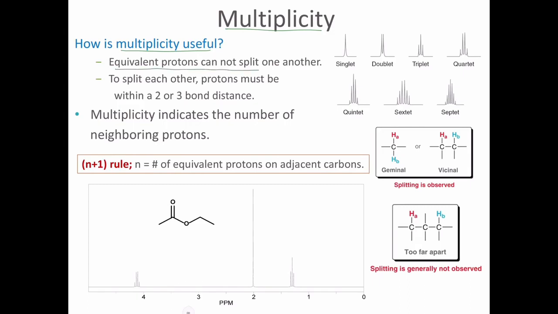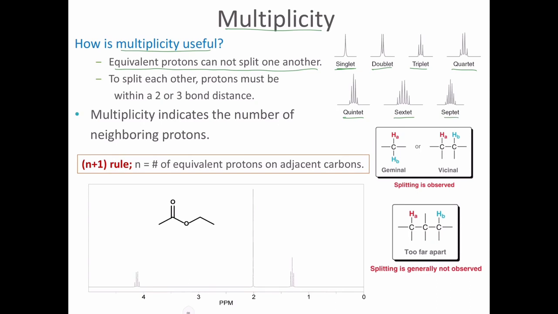Equivalent protons do not split each other. If they are in the same chemical environment, no splitting. So we can have a singlet. Singlet means that it's just one peak, not split. A doublet means it has been split into 2, triplet for being split into 3, quartet for being split into 4, quintet for 5, sextet for 6, and septet for 7.